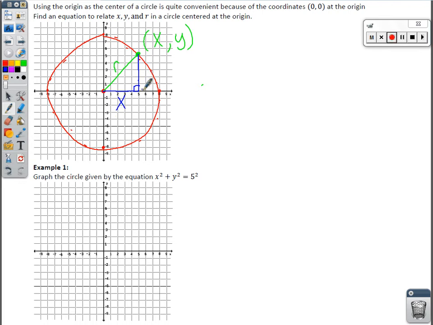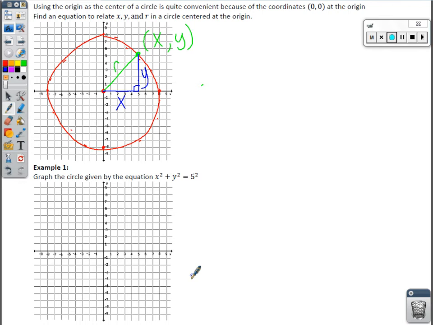And the leg on the right, the up and down leg, is the y coordinate. That right triangle has one leg as the x coordinate of the point, one leg as the y coordinate of the point, and then the distance from 0, 0 to that point is the radius of the circle. It's the hypotenuse of the triangle.